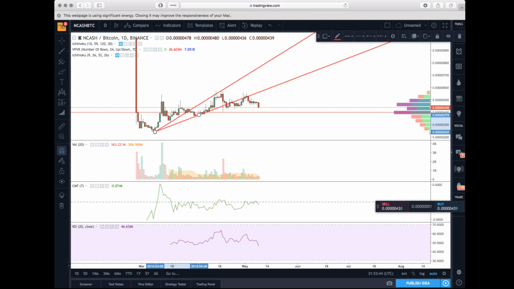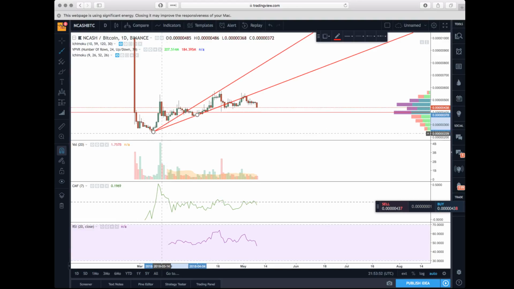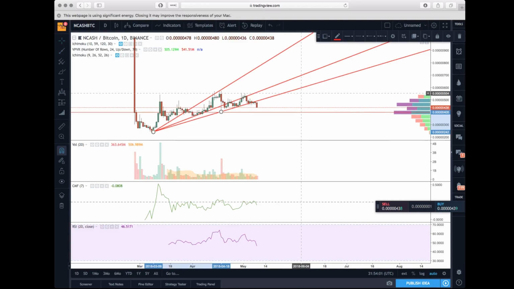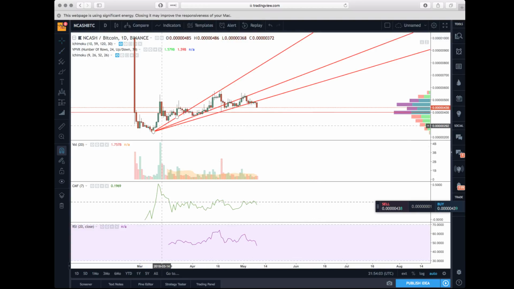We don't really have a third one at the moment, but somewhere here there's going to be another line. For now, I can kind of draw that. So this is just demonstrating a trend reversal, and that's kind of what I see.